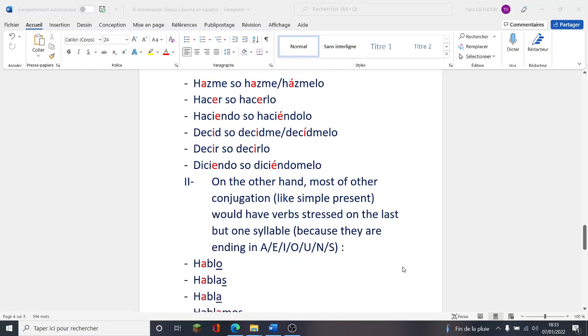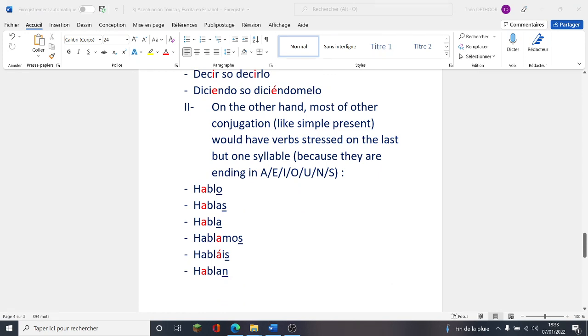Let's continue and move on to other tips, like the second one, which is the contrary, in conjugation. If you have many patterns, for example in the present, the pattern is quite the same for all the conjugation, and the present forms basically end with a vowel, an N or an S. So that's why the vowels accentuated are the same.